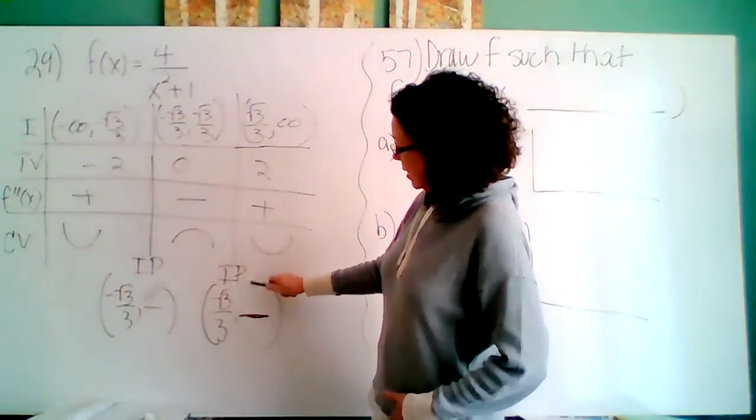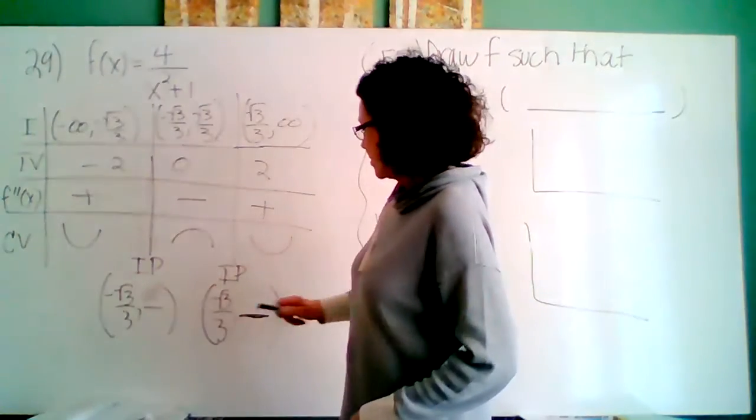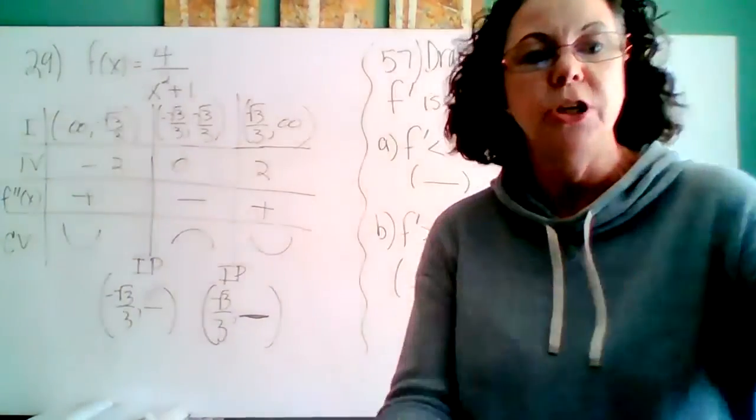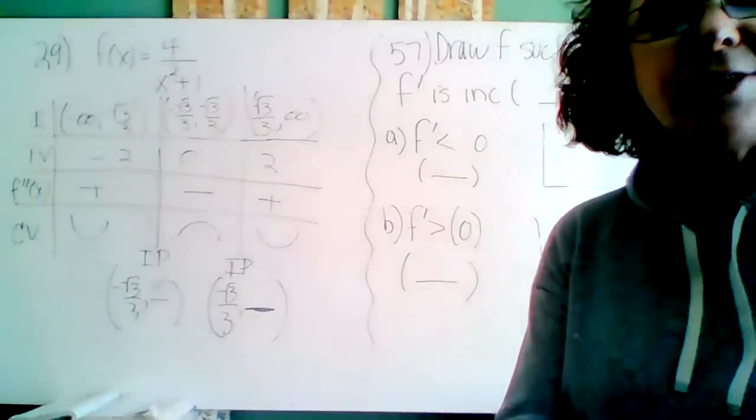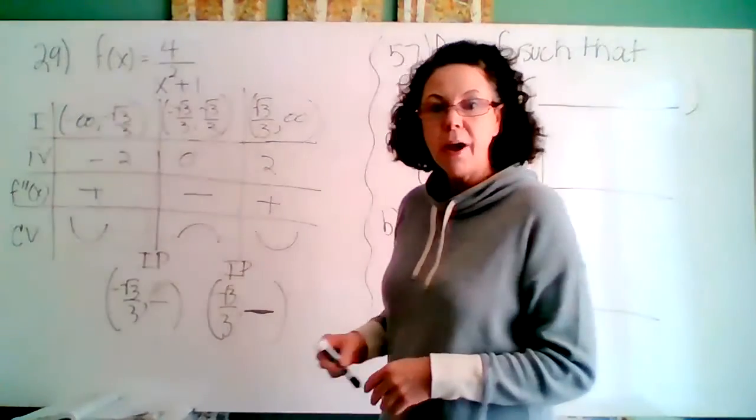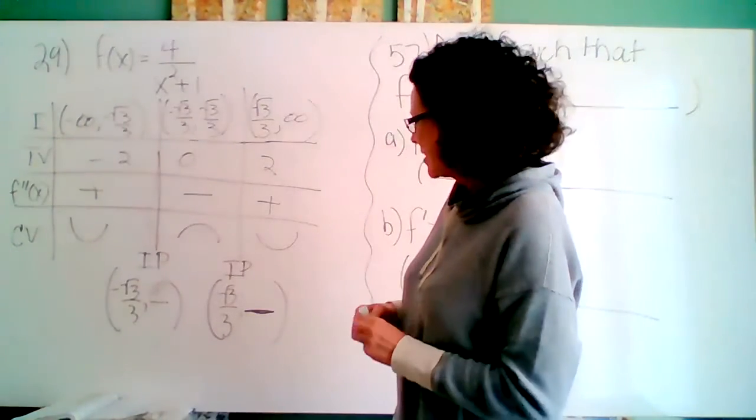Same thing at the inflection point where x is square root of 3/3, because the concavity was changing. So we just needed the y value of that part, and that's what Nina was asking for.